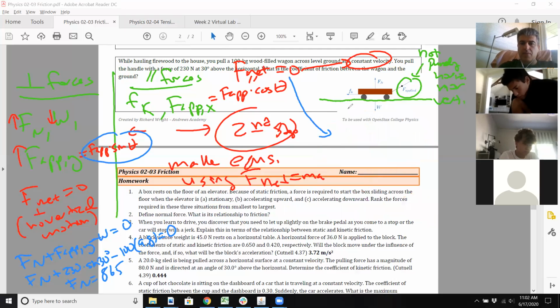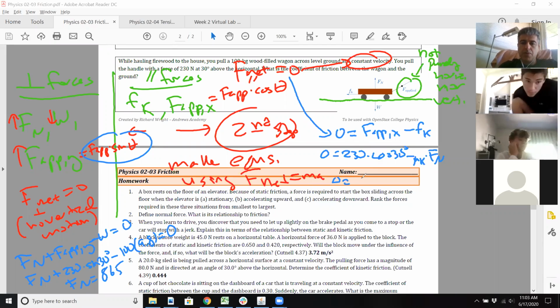Again, my net force in the horizontal direction is 0 because I have constant velocity, so I can put 0. You have F app x going to the right, so that's positive. The little fk going to the left, that's negative. 0 equals your F app, which is 230 times the cosine of 30 degrees now, because it's F app x, minus fk, which is mu k times Fn. Well, I already solved for Fn from my perpendicular analysis.